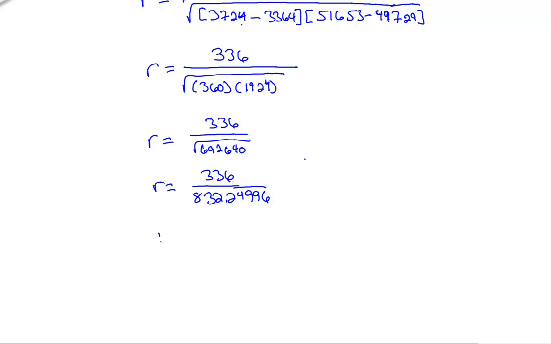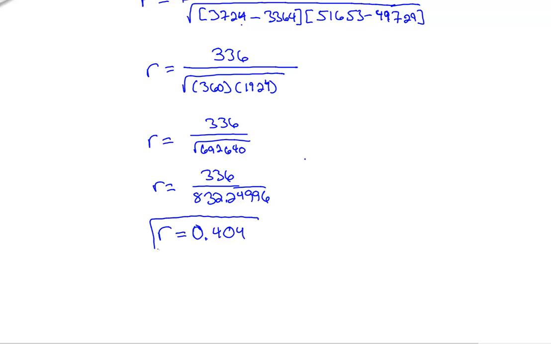Okay, do this division, and I want to make sure that I did the division correctly. So 336 divided by 832.96 should give me, where I rounded off, 0.04.